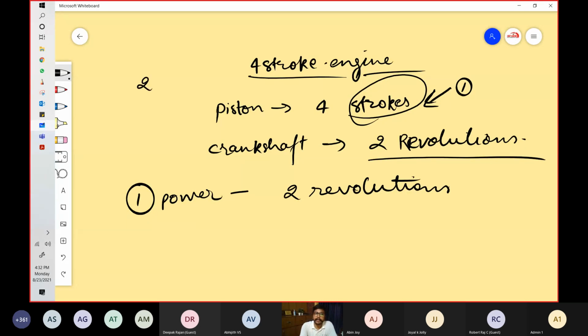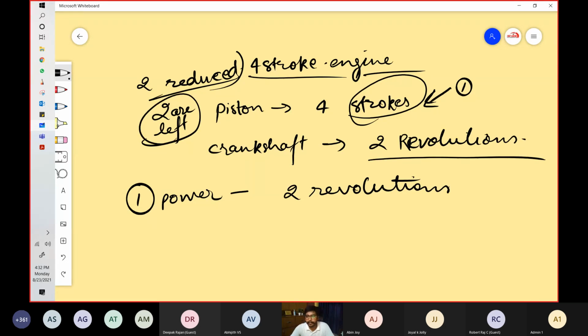The 2 strokes are reduced, and only 2 are left. Though the processes are the same, suction of the fuel, compression of the fuel, power stroke, the spark or power stroke, and the exhaust, they are completed in these 2 strokes. But what has changed? The strokes and the position of the intake and exhaust manifold. This has changed. So let's see.